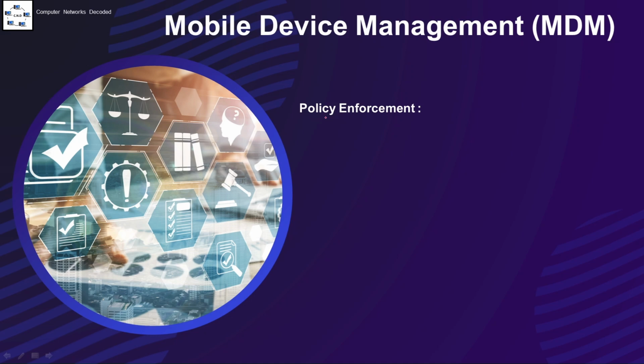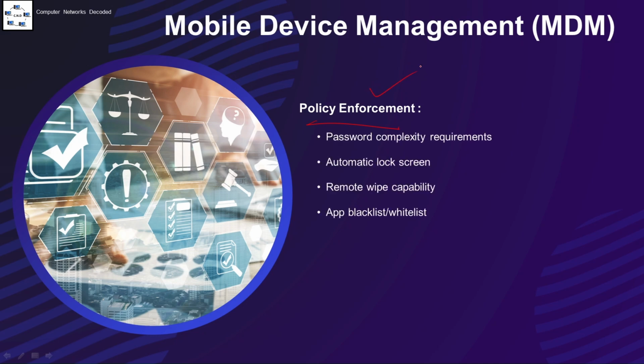So through MDM or mobile device management, the main important purpose of it is the policy enforcement, and the policy enforcement includes the password complexity requirements. So this can be enforced through the MDM. Let's suppose an organization may require that the password must be 12 characters long.